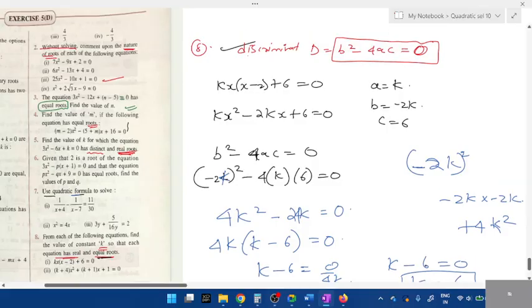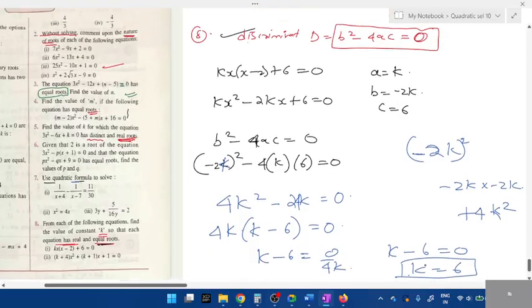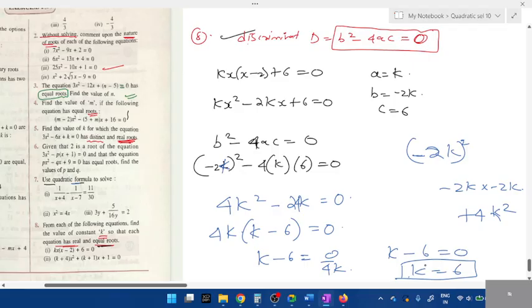Which one is this? 5D. Exercise 5D 8th question. Correct? Okay. Any doubts?